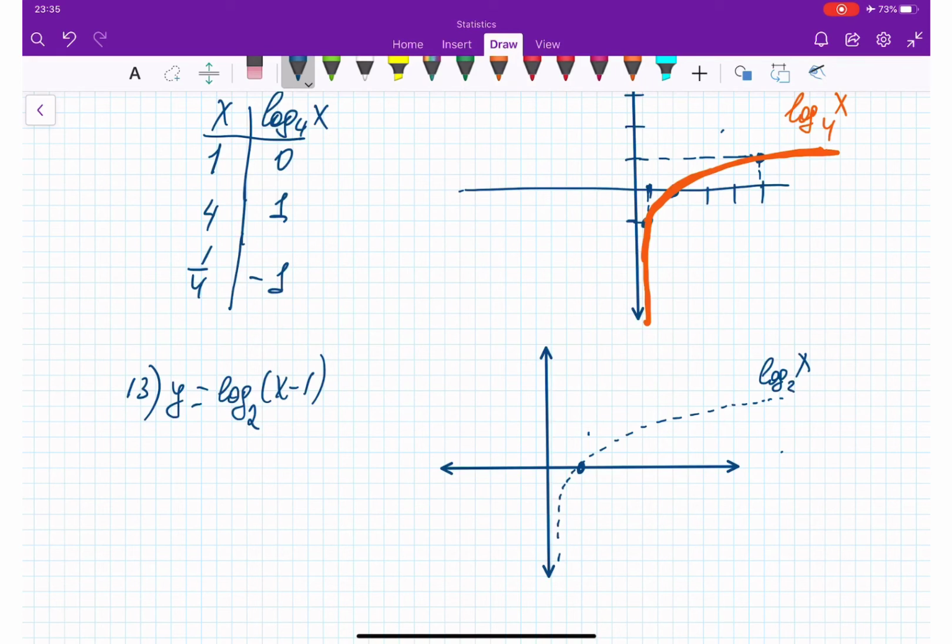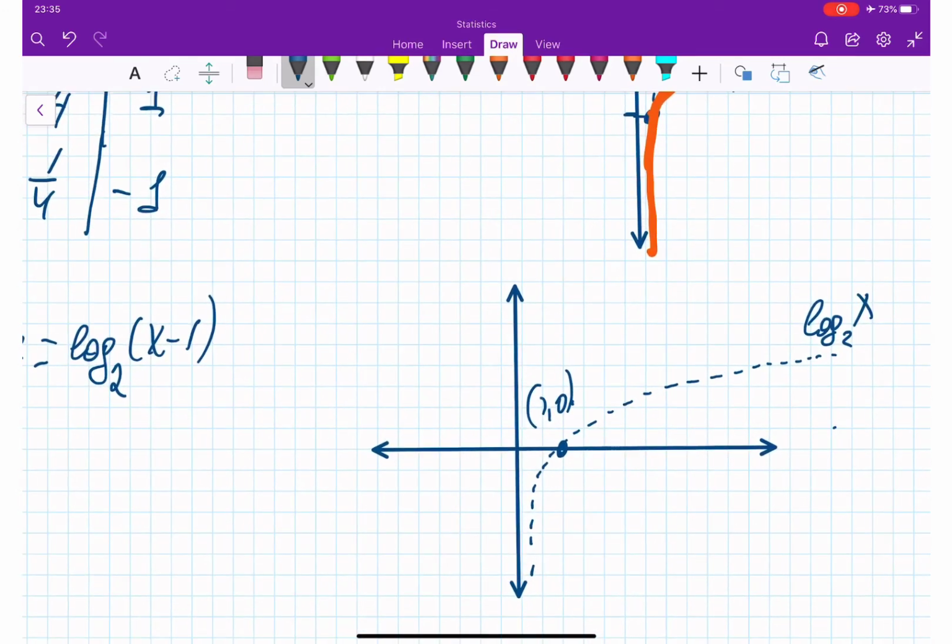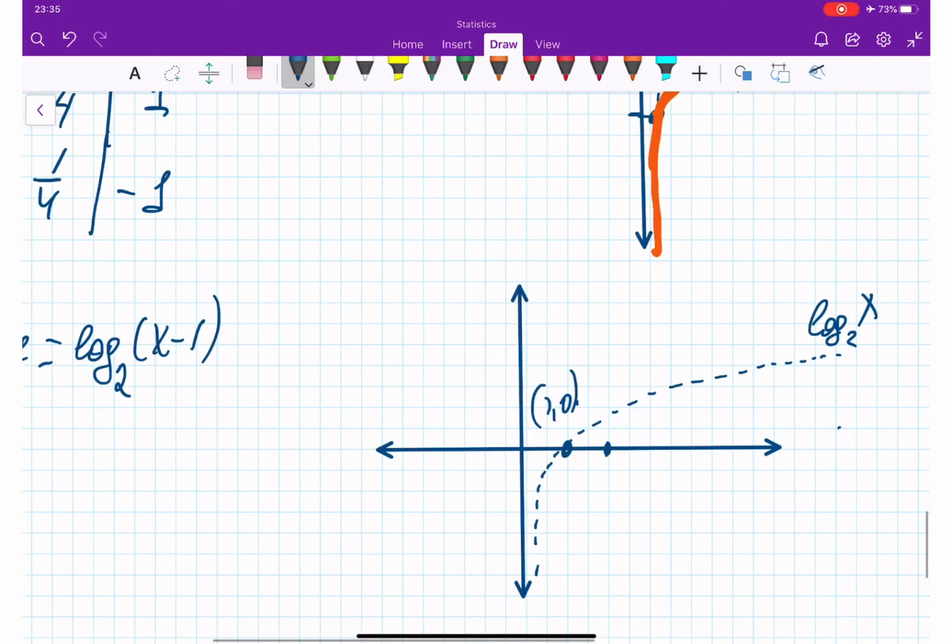But we need x minus 1, so this 1 and 0 is going to shift by 1 to the right, which is going to come to here. So it's going to be 2 and 0, right?